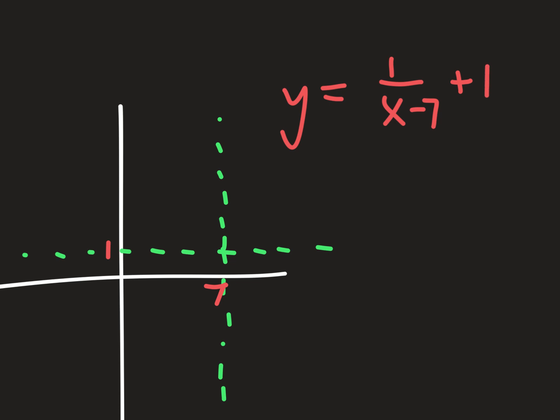That was a 1 over x graph that got moved 7 to the right and up 1. You with me on that? Okay. Then, here's the question. Can you find me a point to the right of the vertical asymptote and a point to the left of the vertical asymptote? And then can you do the asymptotic behavior I just showed you a second ago?